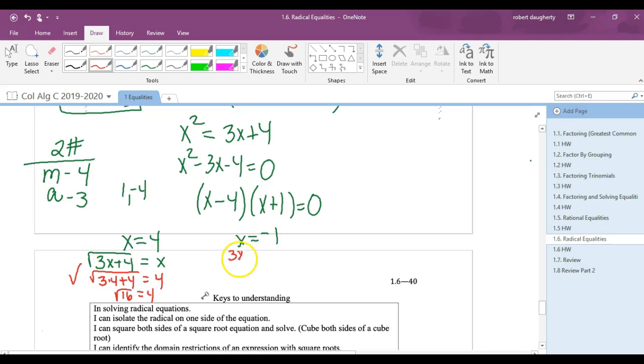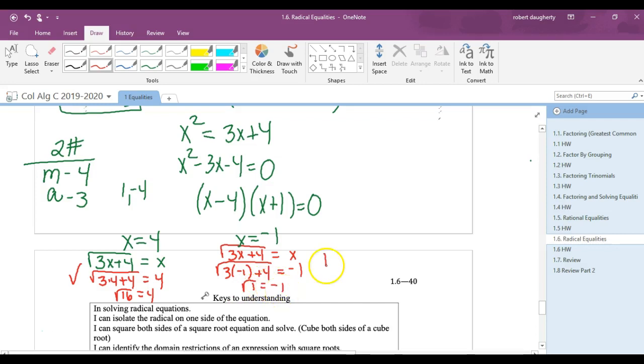Okay. Let's check negative 1. So 3x plus 4 equal x. If I check negative 1, I get 3 times negative 1 plus 4 equal negative 1. What's 3 times negative 1? Negative 3. Negative 3 plus 4 is 1. So this says the square root of 1 equals negative 1.